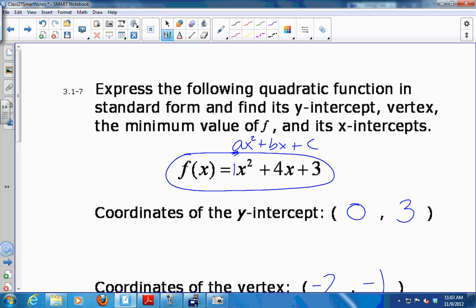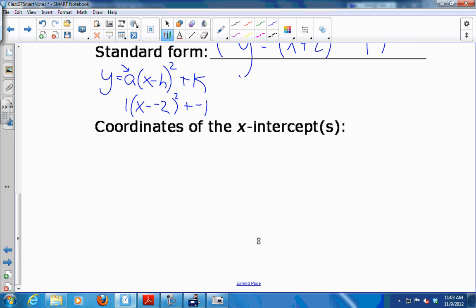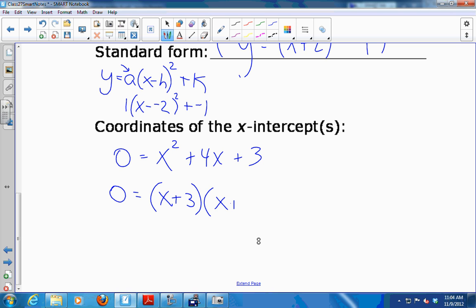Because when you find x-intercepts, what do you do in general to find the x-intercepts of an equation? Make y 0. So we have 0, x squared plus 4x plus 3. So that can factor. So I get x plus 3 times x plus 1.